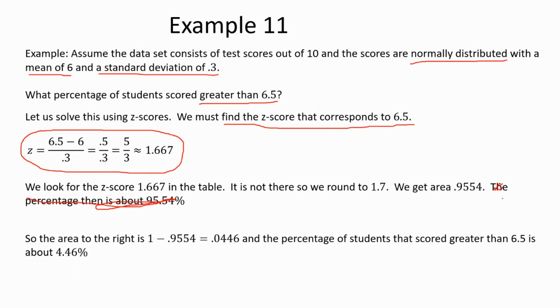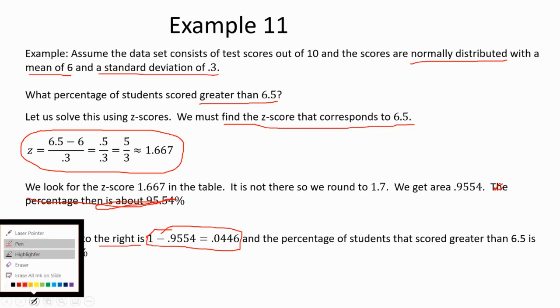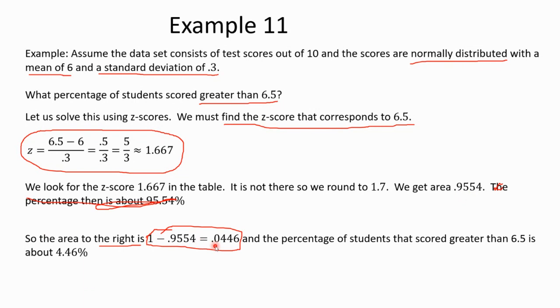Since we want greater, we want the area to the right. So we subtract, which is what we're doing here. So the percentage of students that scored greater than that is 4.46%. That's what happens here.